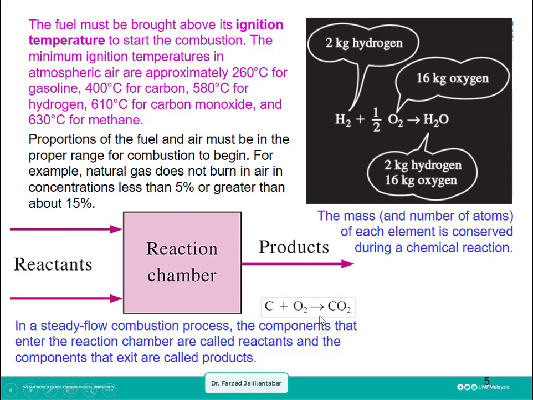For example, as you can see here, we have a reaction. Carbon is reacted with oxygen, and the product is CO2. So in this reaction, C and O2 are reactants and CO2 is the product.